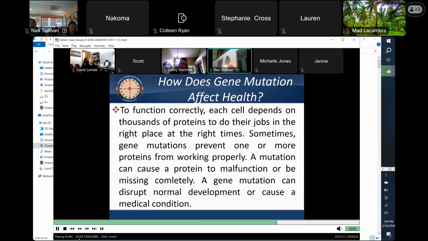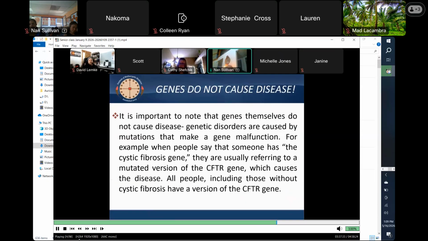A gene mutation can disrupt normal development or cause a medical condition. It is important to note that genes themselves do not cause disease. Genetic disorders are caused by mutations that make a gene malfunction.